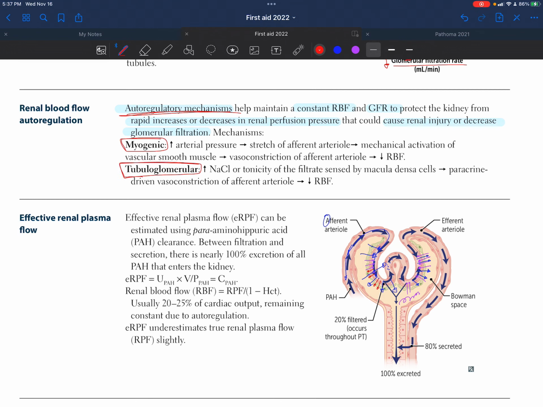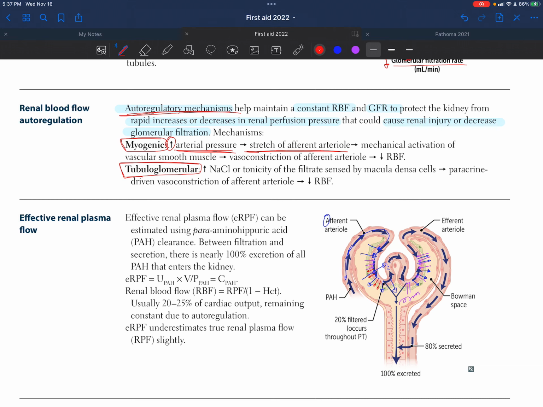For the myogenic, if the afferent arteriole going into the glomerulus senses a high arterial pressure, it will stretch. It will feel that high pressure coming from the systemic circulation, from the aorta, into the renal artery, and then it will stretch.